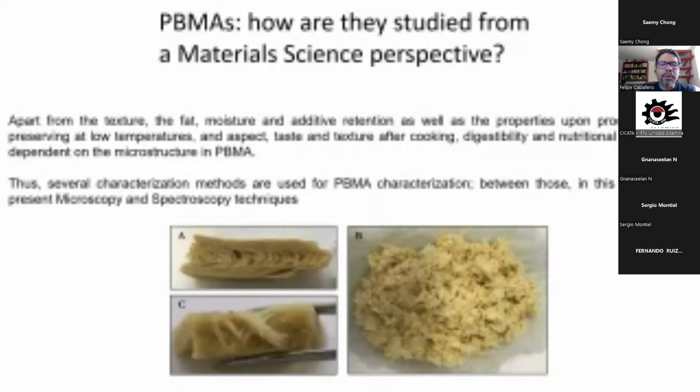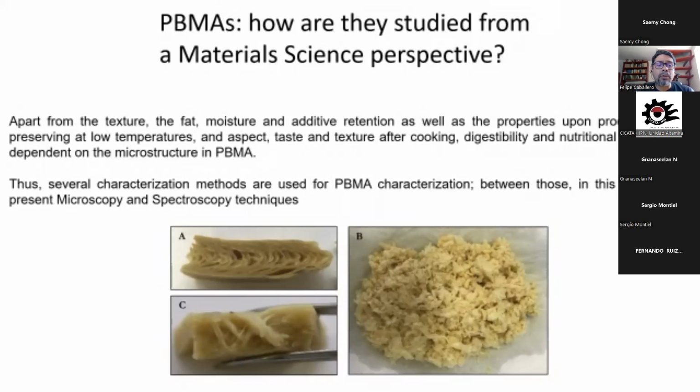But if you want a product such as the burgers I just showed you, they have to taste like meat. You have to bite it, feel the juicy texture, and feel the flavor coming from the meat. So the processing is very important.